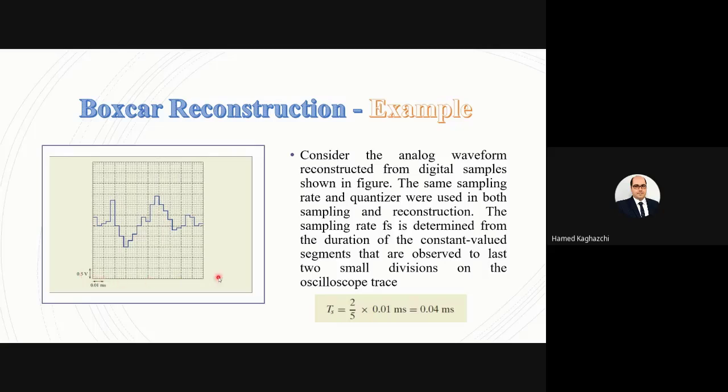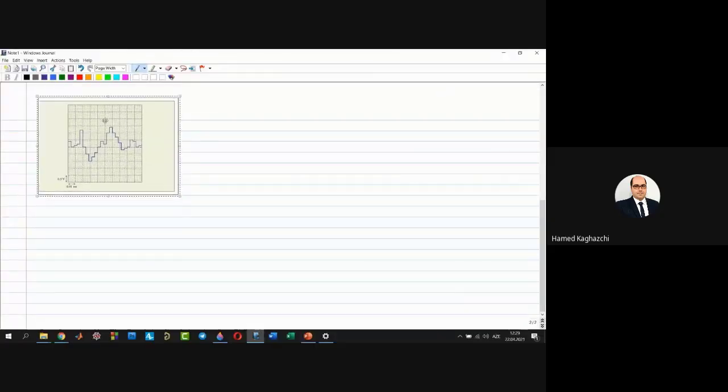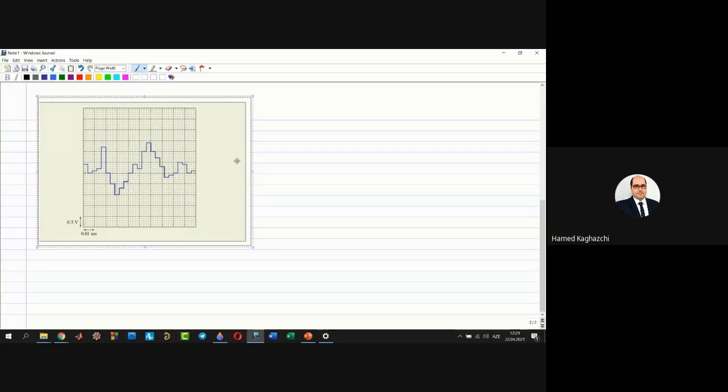This is time, this is voltage value. According to the figure, we can find the sample period. How can I find the sample period?